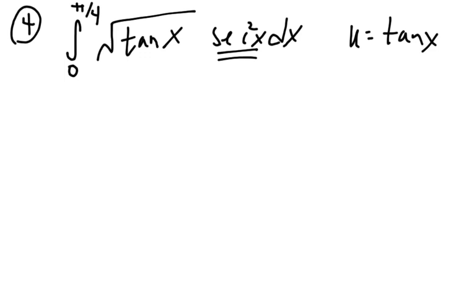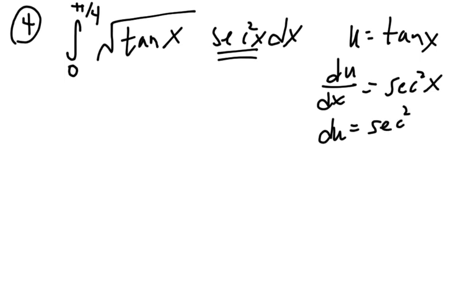So du dx is equal to the secant squared of x. Multiply by dx on both sides. And since I already have all of that there, I don't need to do anything else.